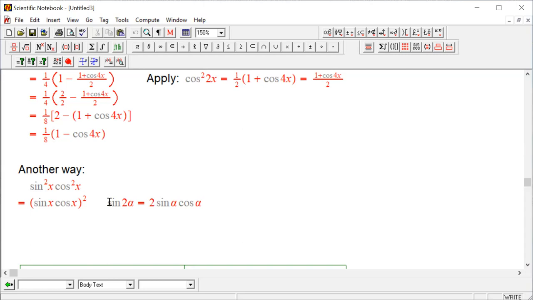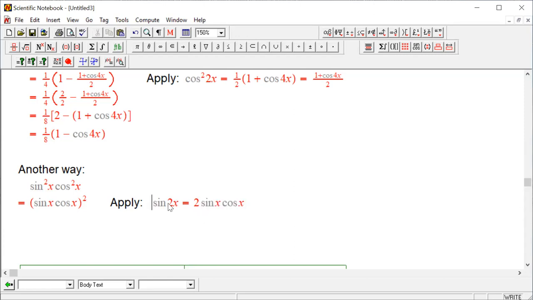So in our case, if we employ this formula, sine of 2x will equal 2 times sine x times cosine x.